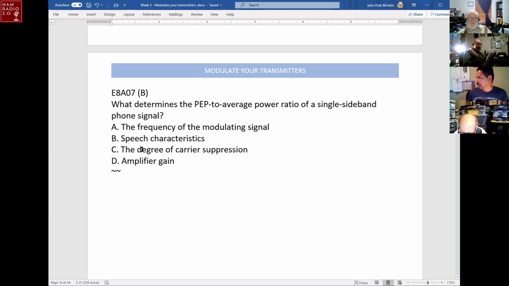It has nothing to do with the carrier suppression, because the assumption with single sideband is that the carrier is 100% suppressed. The power ratio has nothing to do with amplifier gain. It's the speech characteristics. So if you've got a well-modulated heavy voice, it's got a higher average, and the PEP to average ratio goes down.